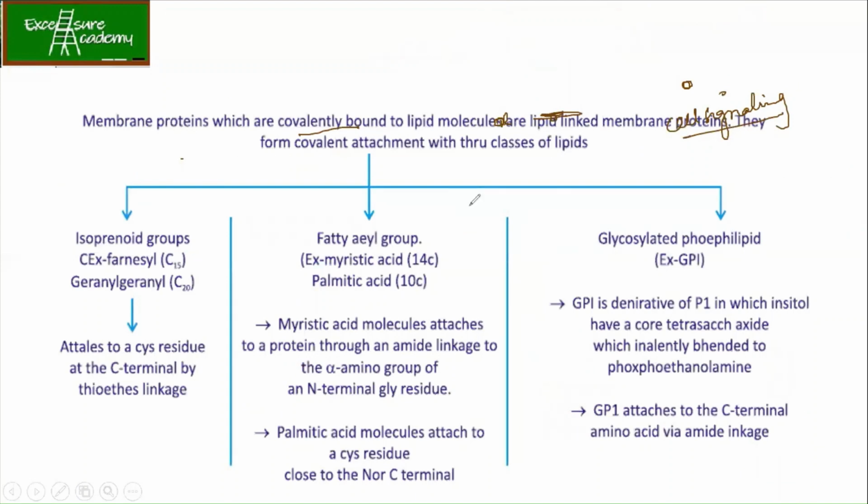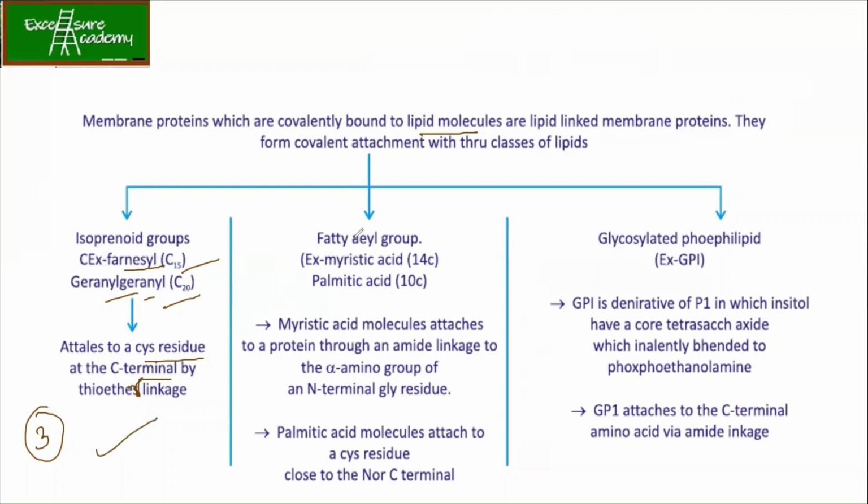Okay. Now this diagram, this table is the same thing we have just discussed. The membrane proteins are covalently bound to lipid molecules, right? And different categories are there. The one we just studied is the third category, where isoprene groups are used, for example farnesyl is C15 and geranyl is C20, okay? They are attached to the cysteine residue at the C terminal by a thioether linkage, right?